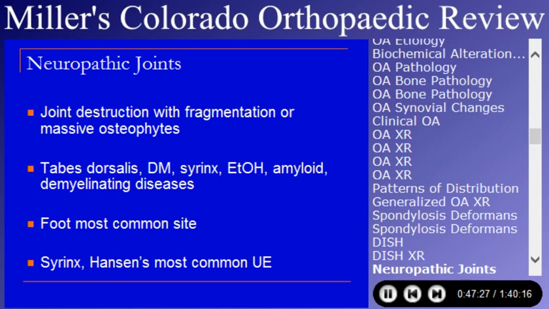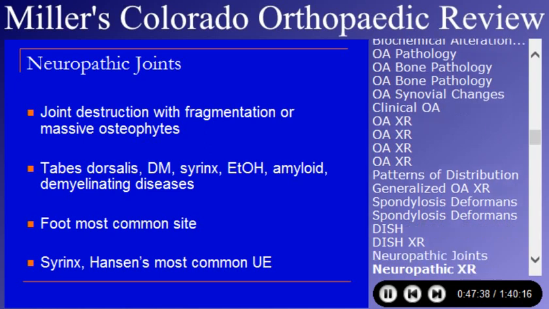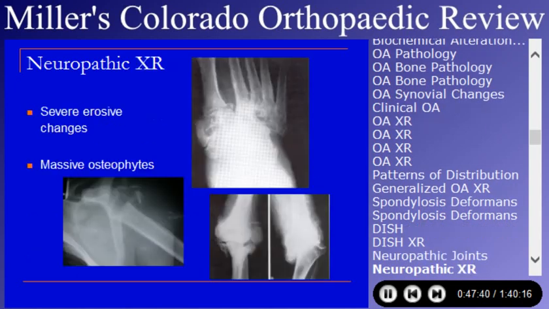In the upper extremity, think about syringomyelia or leprosy or Hansen's disease, also associated with alcoholics. The x-rays of the foot show this marked deformity and osteophyte formation. X-ray of the knee showing the gross destruction, much more than you expect from normal arthritic knee, should lead you to at least think about it.